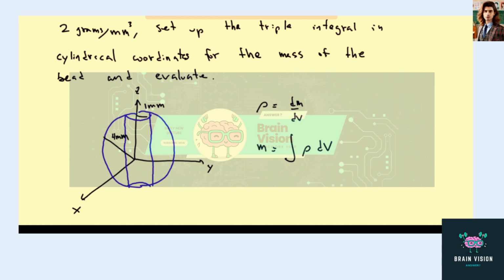In our problem specifically, rho is a constant, so we can remove it from the integral, so the mass will be equal to rho times our volume integral. So we essentially want to find the volume of our solid here, which is the sphere minus the volume of the cylinder. We want to evaluate this integral using cylindrical coordinates.